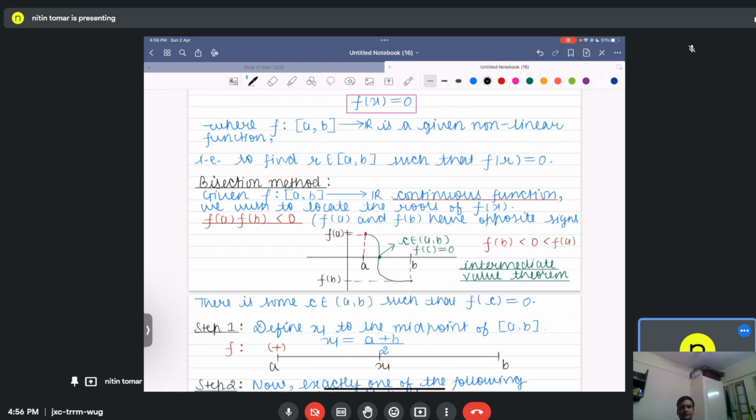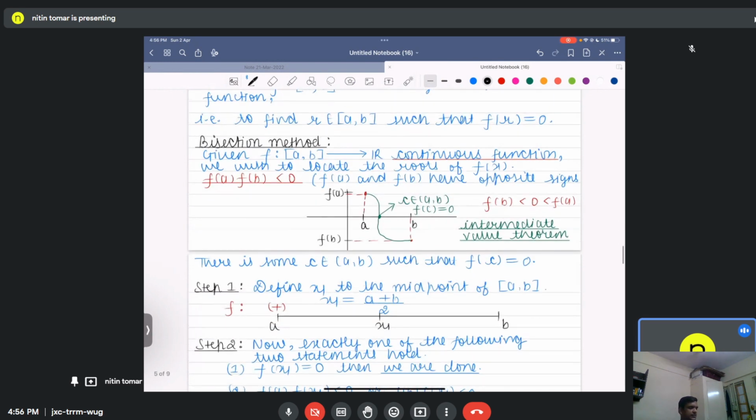It says that whenever you have a continuous function on a compact set, and at two points one is taking a positive value, the other is taking a negative value, then in between there will be at least one c that makes f zero, that is, f evaluated at that point must be 0, and this is precisely what the bisection method takes advantage of.